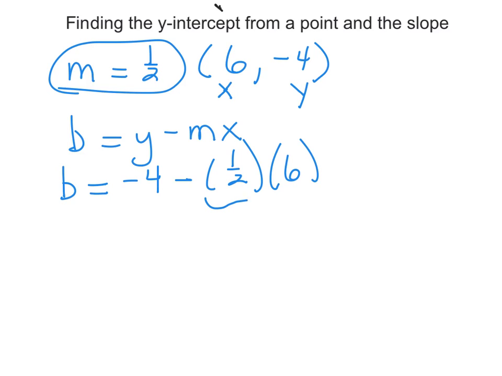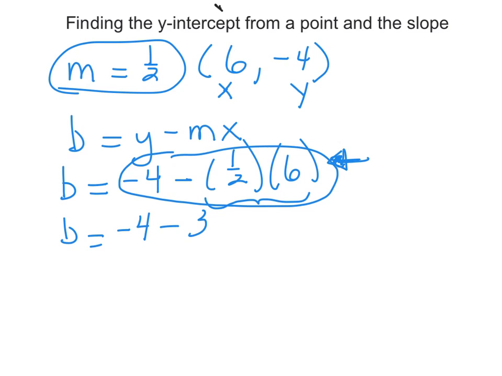Again, order of operations says we need to do the multiplication first. What is 1/2 of 6? That is 3. You're more than welcome to grab a calculator, at least in my book, and type that in, and it will give you the answer if the calculator does order of operations. So don't stress out if you're wondering how she got that 1/2 of 6 is 3.